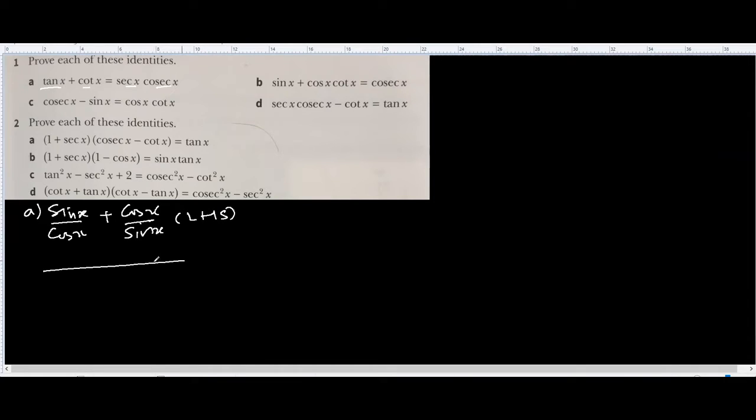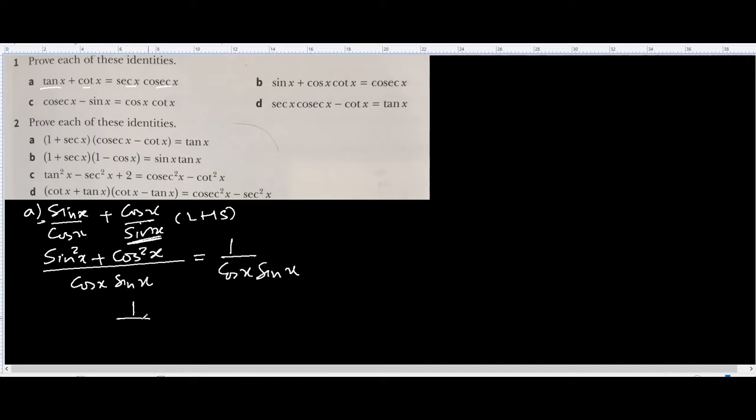To combine them, it will be cos x sine x, and here it will be sine x times sine x, right? Because I have to multiply with this here. So it will become sine square x plus cos x multiplied by cos x, so cos x times cos x will become cos square x, which is 1 over cos x sine x.